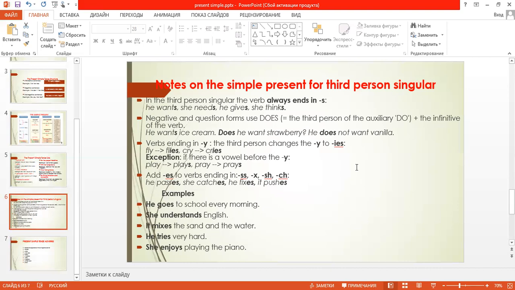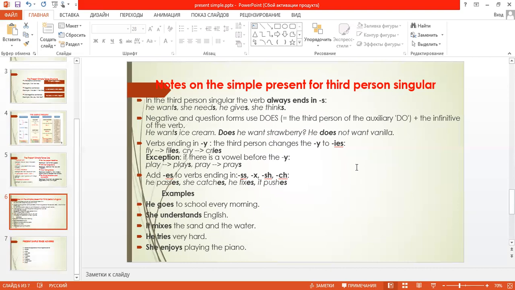And when we add s, the present simple tense ending of the third person singular, the letter Y changes into I, and the S is added with the help of the letter E. And as a result, we write flies, F-L-I-E-S, C-R-I-E-S for cry.